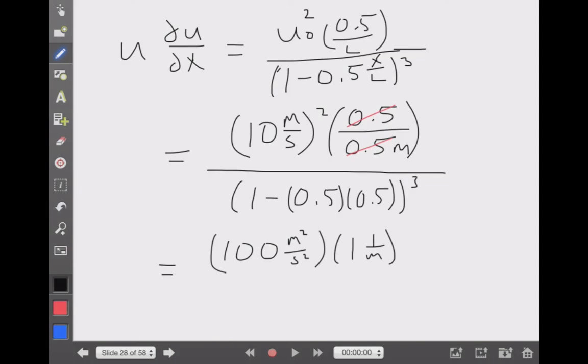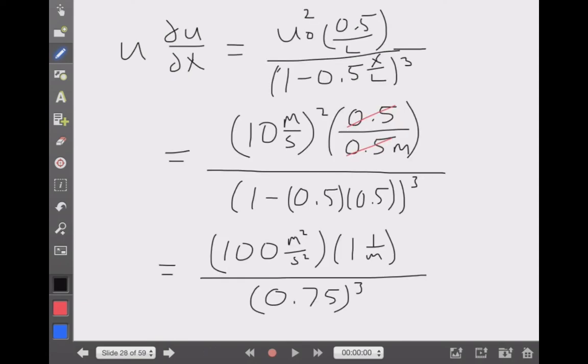That's going to be nice because that cancels one of these meters in the numerator, and we'll be left with meters per second squared, which is acceleration. And then this term here, 0.5 times 0.5 is 0.25. 1 minus 0.25 is 0.75. So we're left with 0.75 cubed.